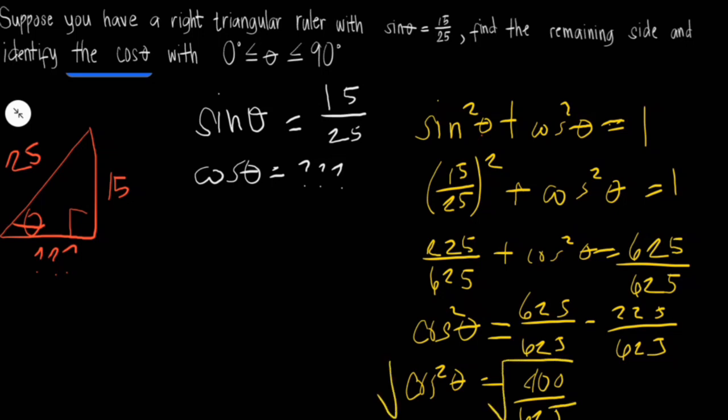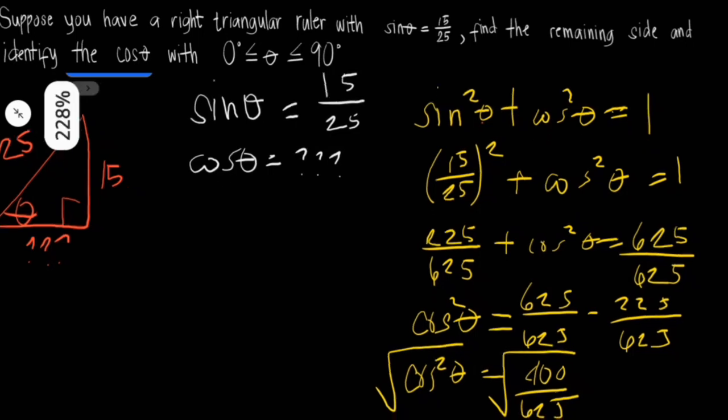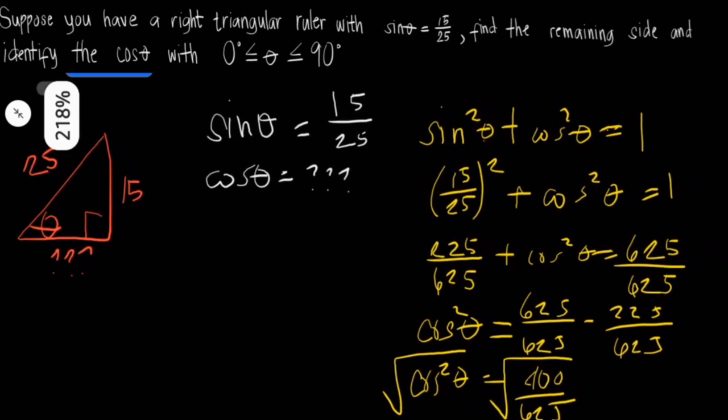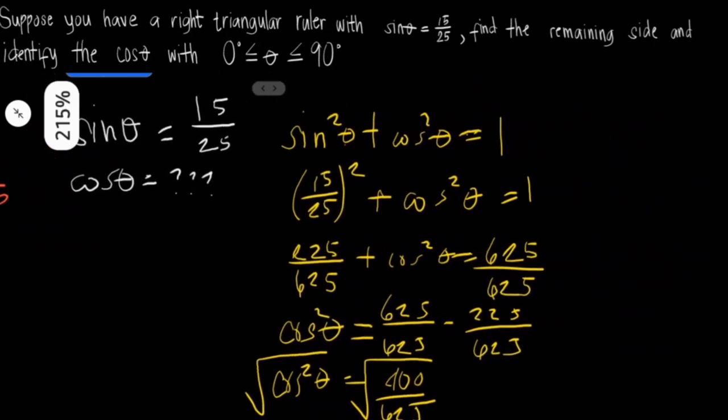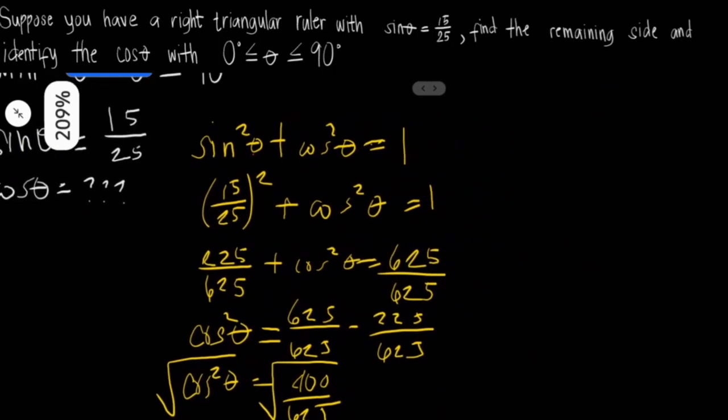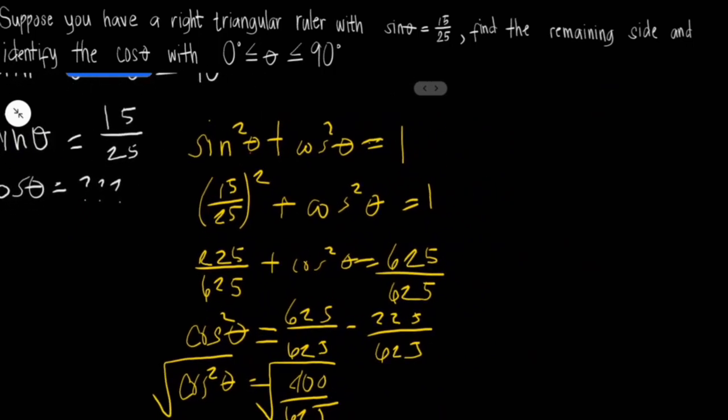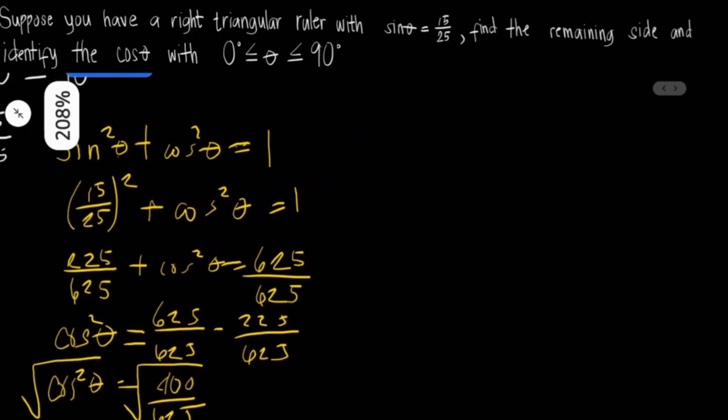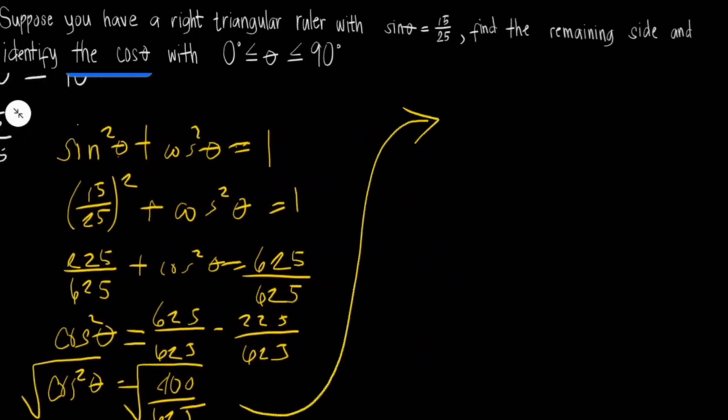Getting the square root, cosine squared theta will become cosine theta equals 20 over 25.